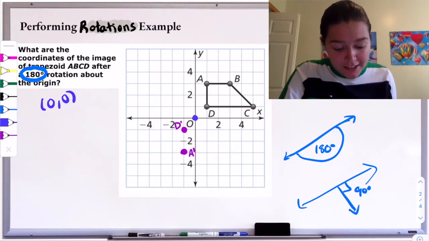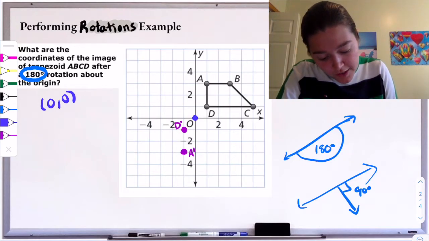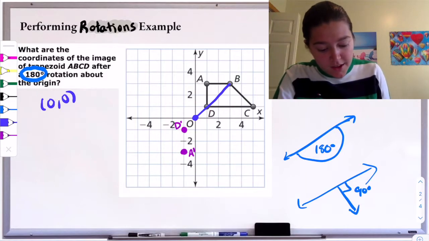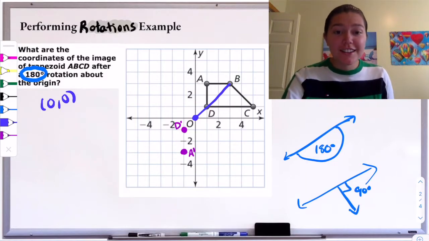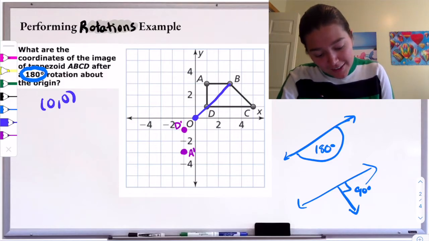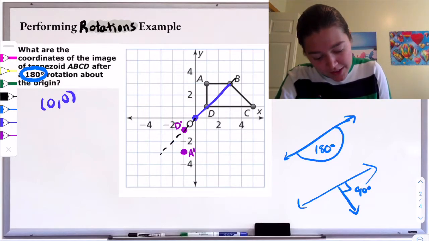Okay, then we'll do it again for B. So I'm going to draw a straight line from the origin, my center of rotation, to B. And I need to get a 180-degree angle with that line, right? So I can imagine my protractor. 180 degrees is just going to be a straight angle. Okay, so it's going to be like if I continue this line.